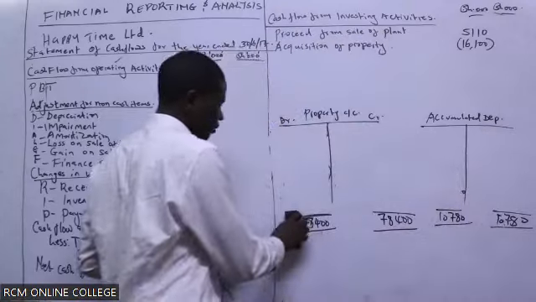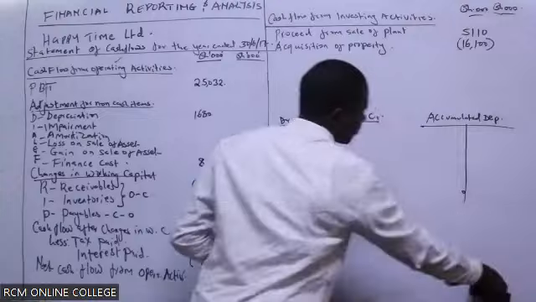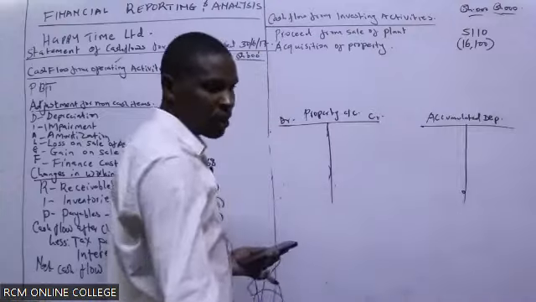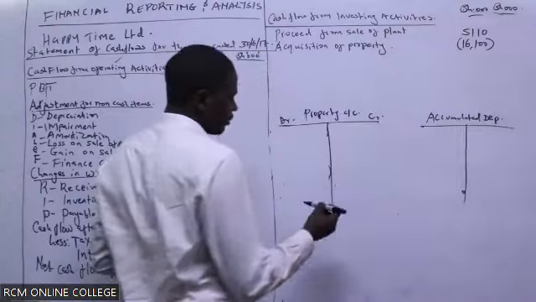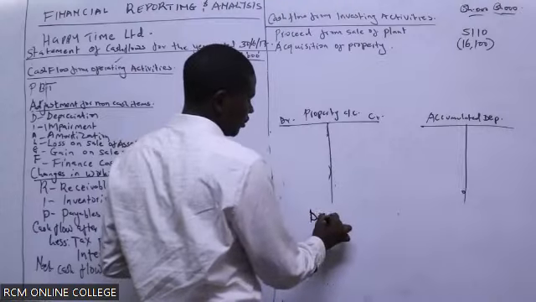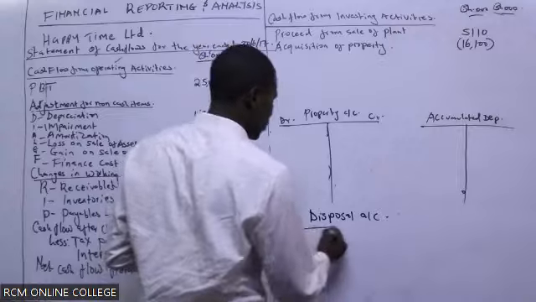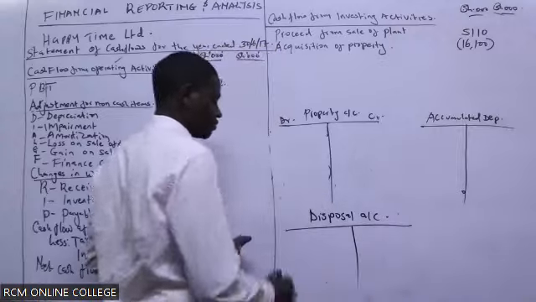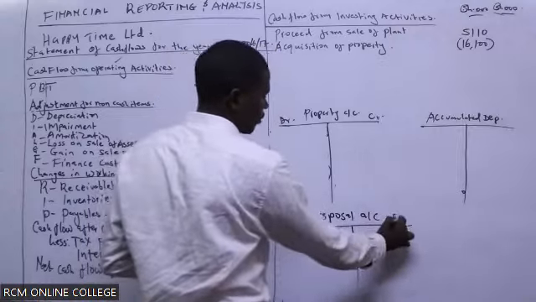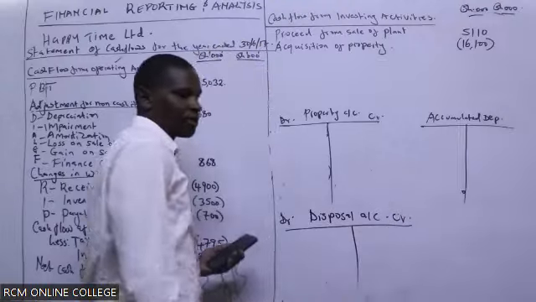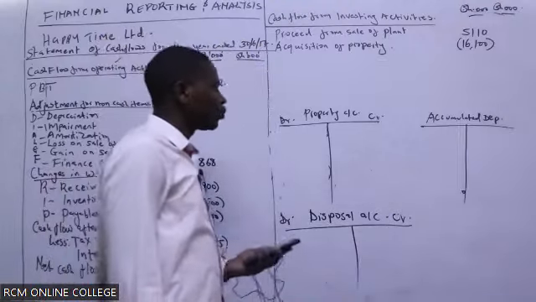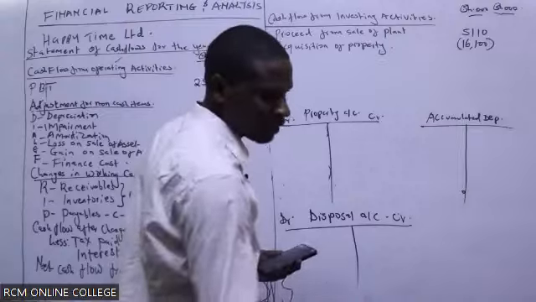I think easy pia hatutaki hizi. But we can have another account here known as disposal account. Kwa sababu plant walifanya nini? Wali disposal. This debit, this credit. Debit, credit.